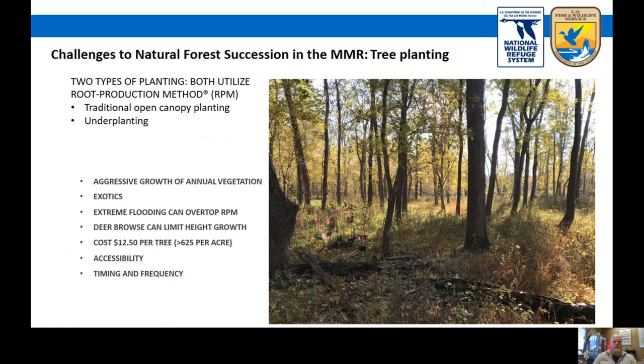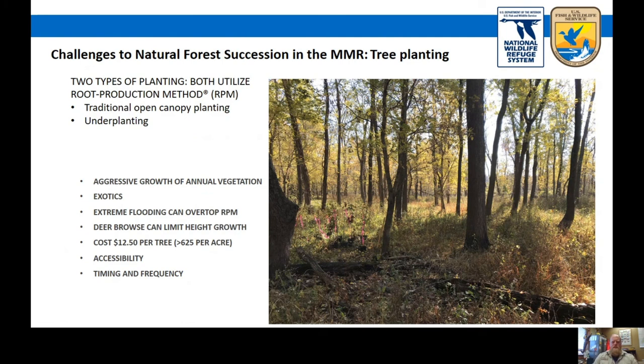For both types, we use root production method trees, or RPM, trademark, which is a type of containerized tree stock that are tall, typically over 2 feet tall, and generally about the diameter of your pinky when you buy them. And we use those because they have that elevated height to better withstand the annual flooding pressure that a bare root seedling wouldn't typically survive.